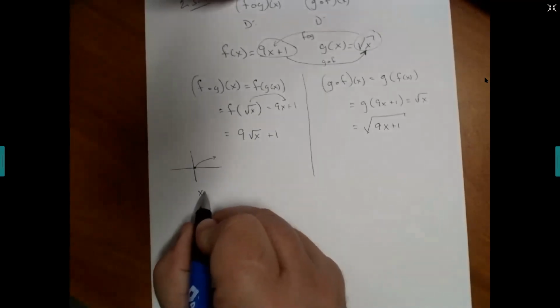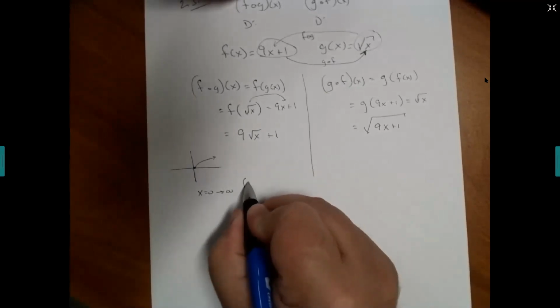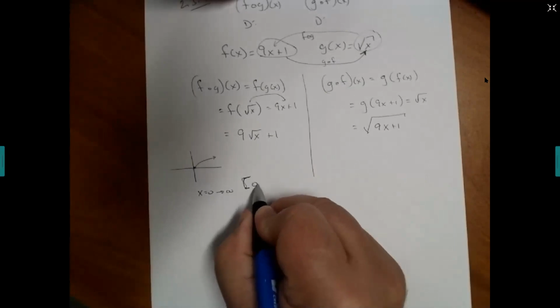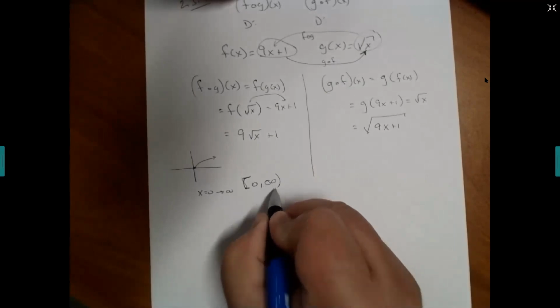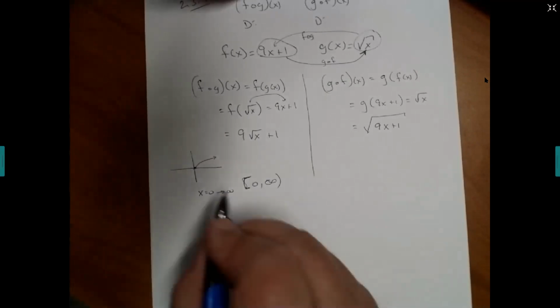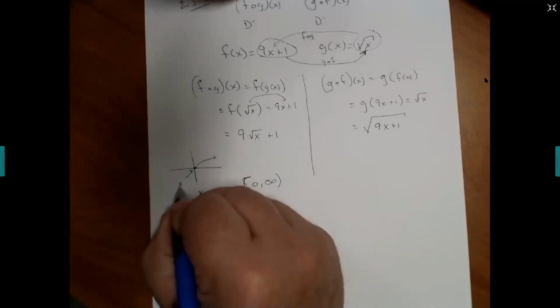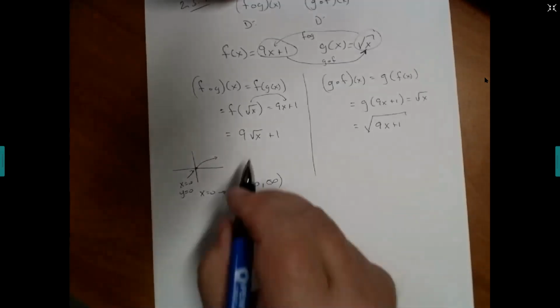So x equals 0 to infinity. So that's the domain of that one, because the smallest it can equal is when x is 0, y is 0. That's the smallest a radical can equal.